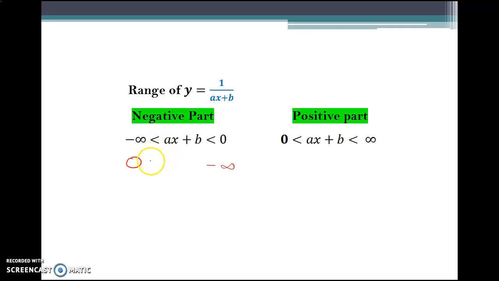Inequality sign will change on taking reciprocal. So we get 1 upon ax plus b, in this case, is from minus infinity to 0.